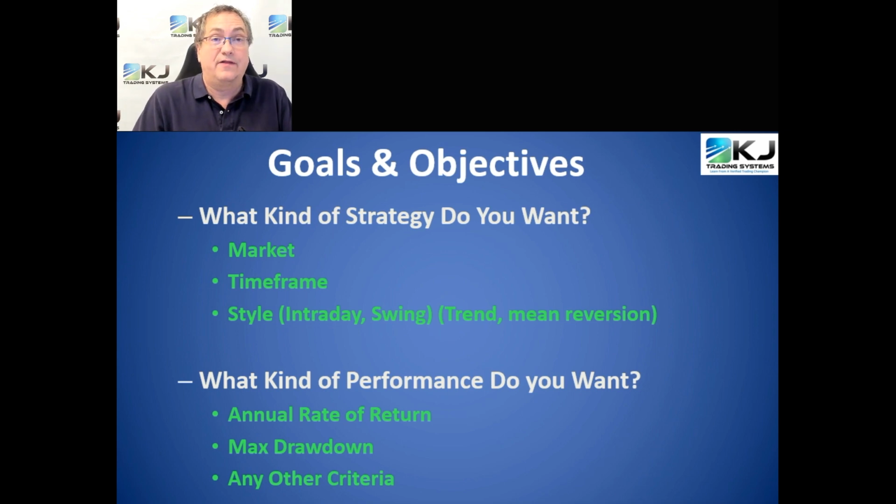And I'll tell you what, those things do not work in real time. That's the ultimate goal. It's not building a great back test. It's having great real-time results. And unfortunately, changing your strategy a lot will not give you that kind of real-time performance.